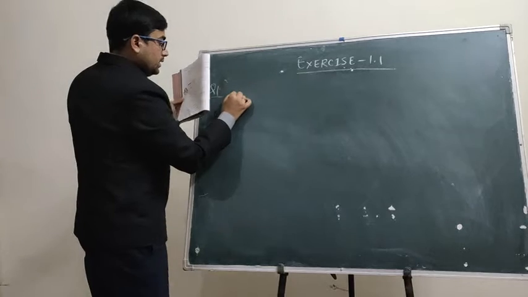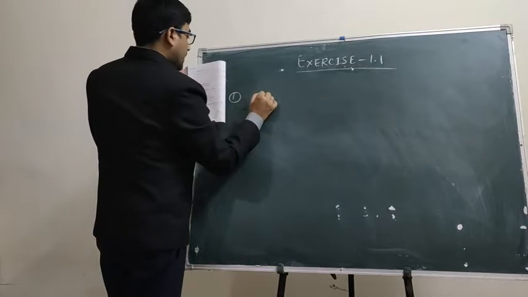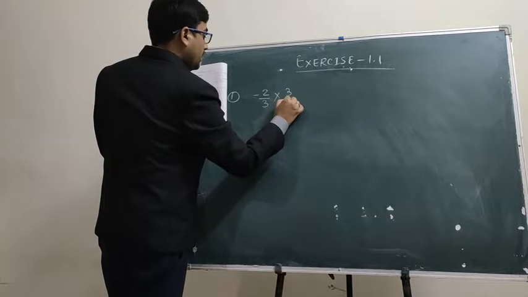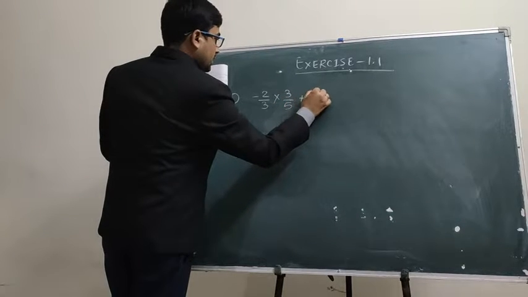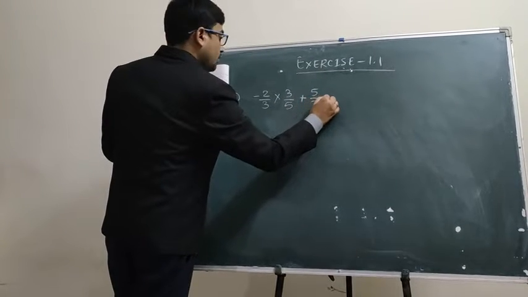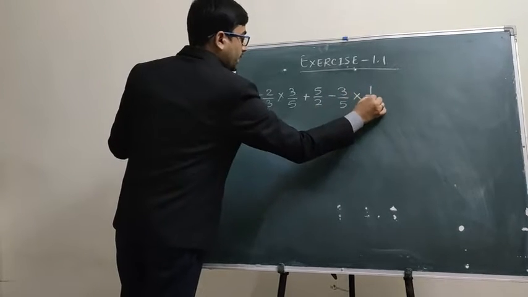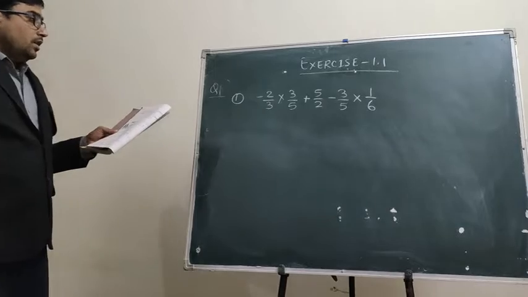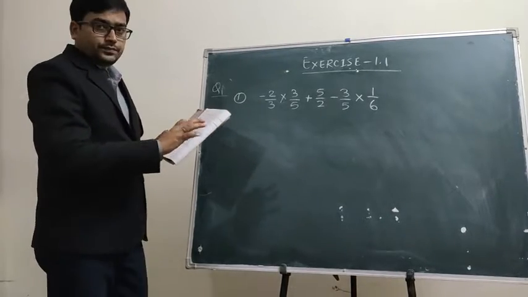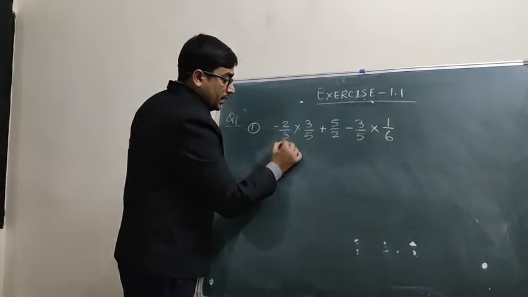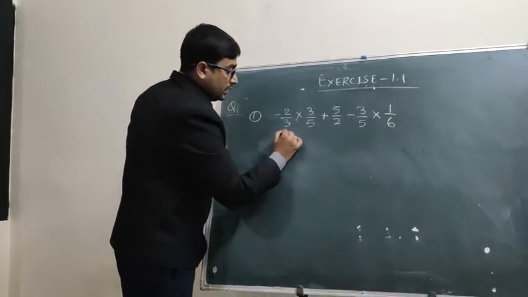First question is minus 2 by 3 into 3 by 5 plus 5 by 2 minus 3 by 5 into 1 by 6. Using appropriate properties, dear children, see here.